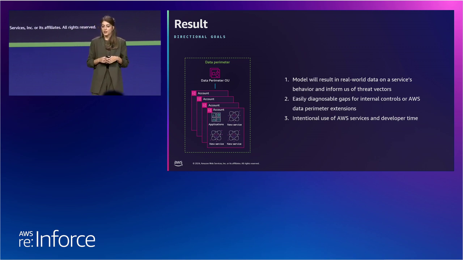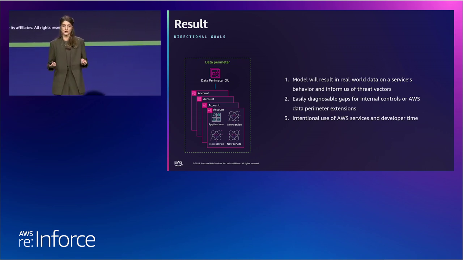We also think that this will lead to a more intentional use of AWS services. And by this, I mean sometimes when a team goes through 3 to 6 months of trying to get a service enabled, they feel a bit married to that service and they're trying to fit a square peg in a round hole. We don't want that to happen, right?